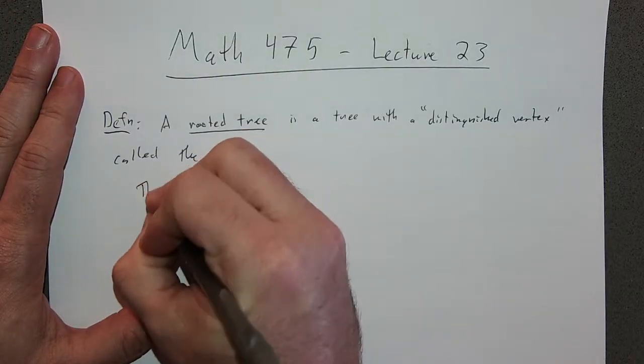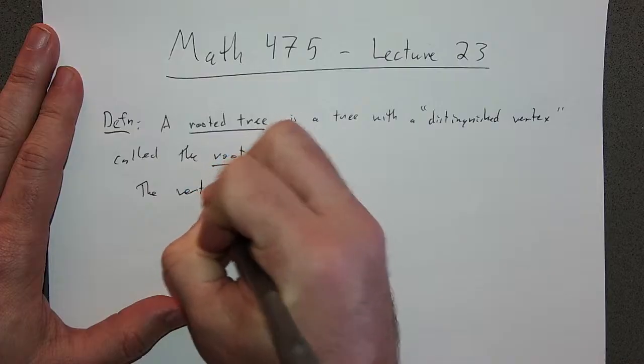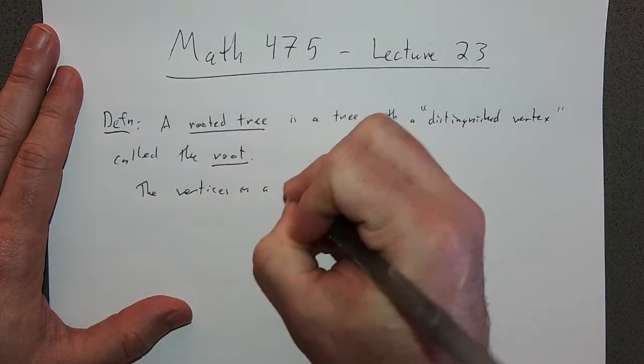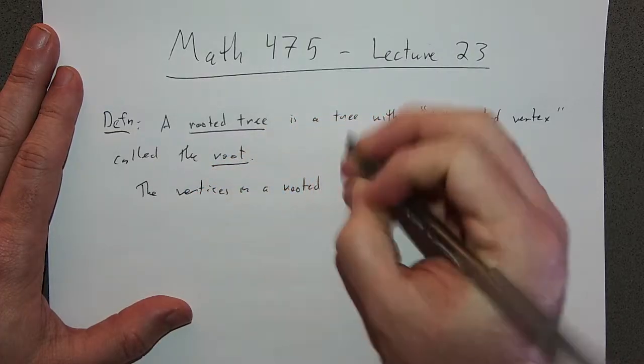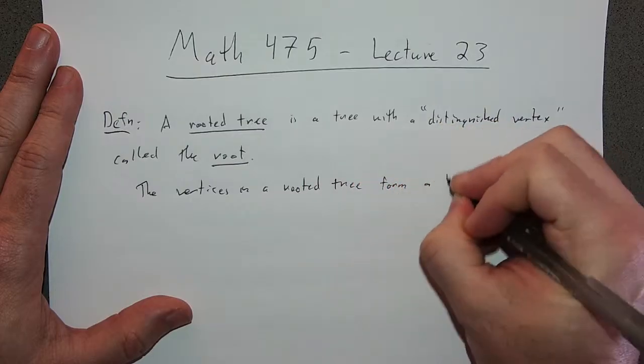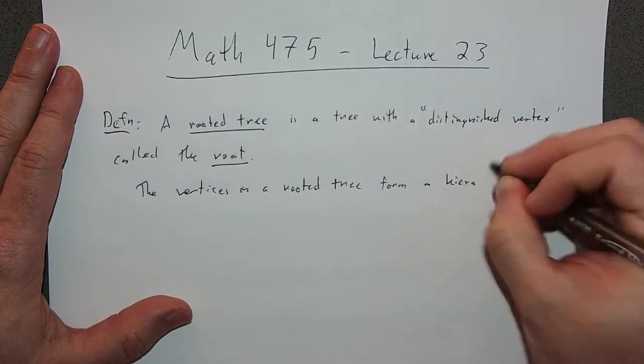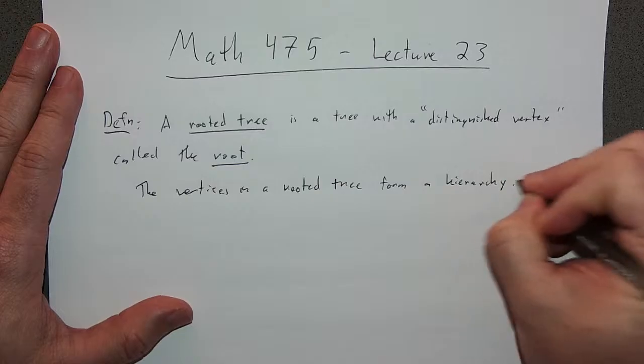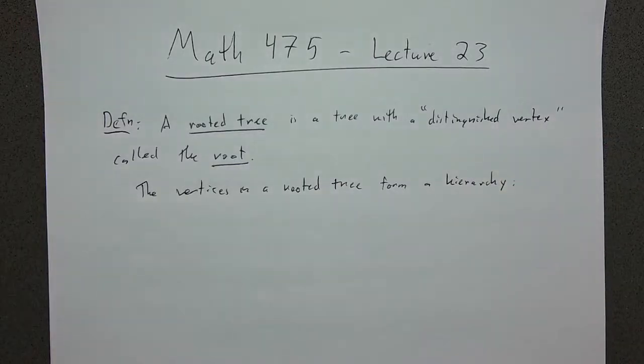The vertices in a rooted tree form a hierarchy of sorts. How so?